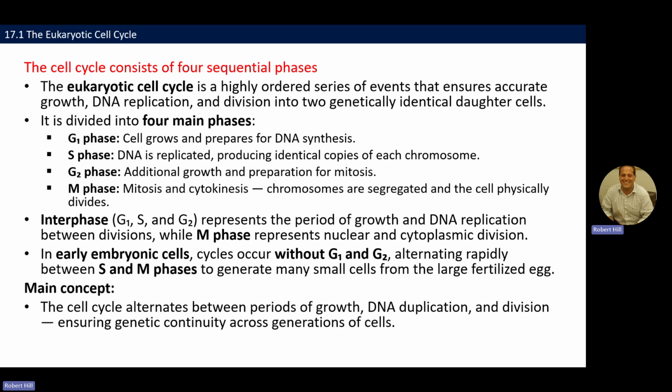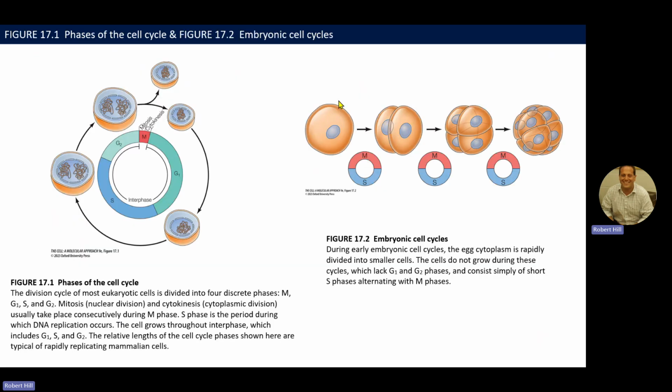So, interestingly, in early embryonic cells, the cycle lacks G1 and G2 phases. It consists of very rapid S, DNA synthesis phase, and mitotic oscillations that generate many smaller cells from just the large fertilized egg. And there's a reason for this. If you look, so I'm just going to jump over here, you have a fixed volume here, and this is going to develop into a blastula.